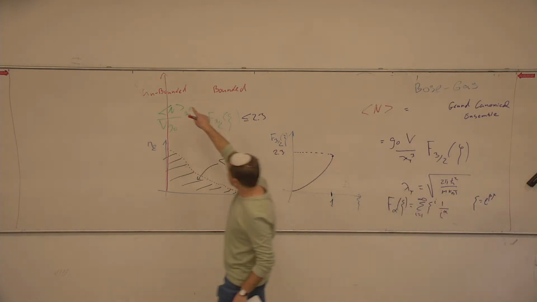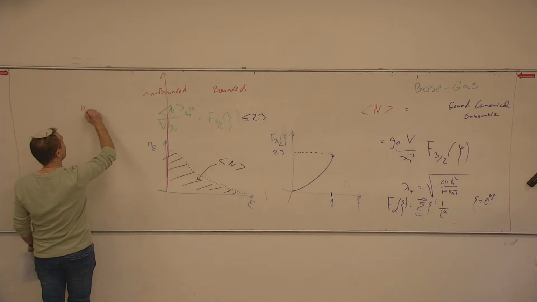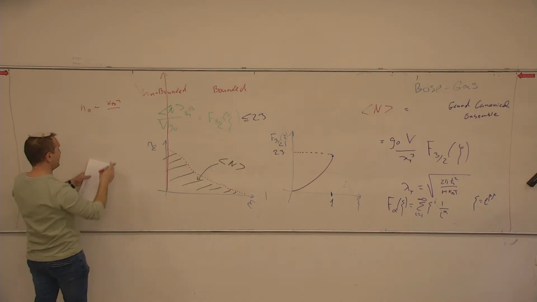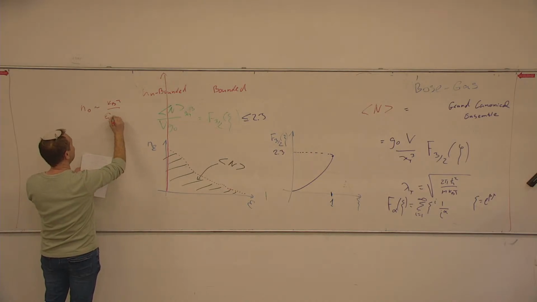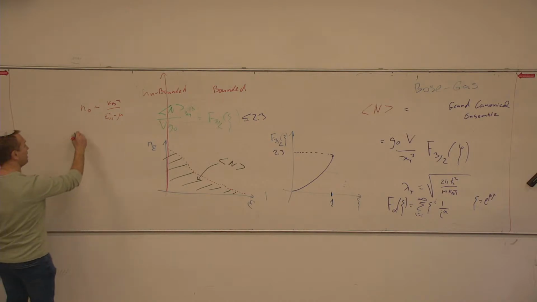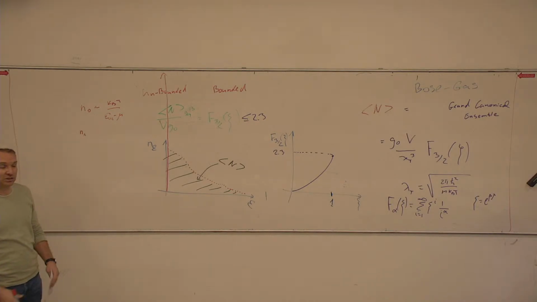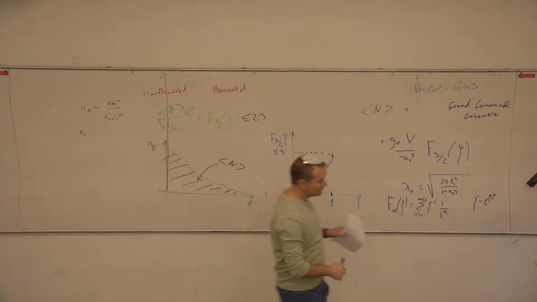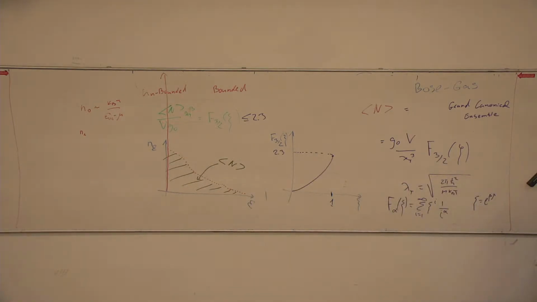This n0 was approximately k Boltzmann T divided by epsilon 111 minus mu. And n1, which is the average number of particles at the excited state, was, I don't remember what it was.